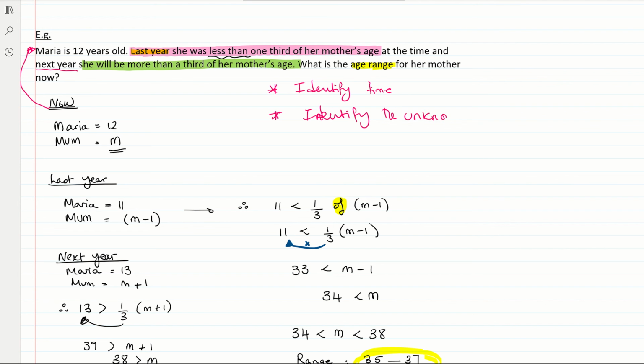In that case, we always knew what Maria's age was, but we didn't know what her mother's age was, but we could add one and subtract one because she's either 1 year older or 1 year younger.